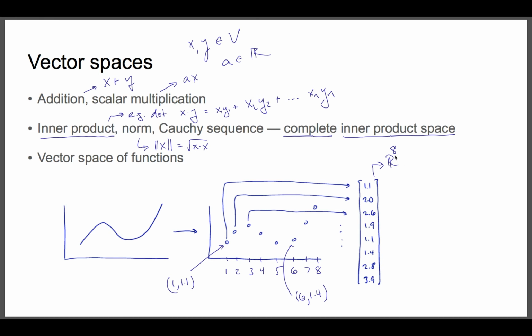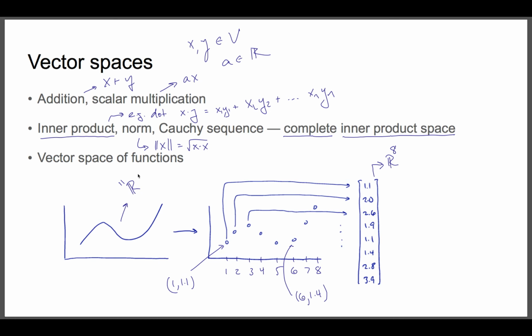If we sample at 8 points, the vector will be in R8, and that vector is a finite dimensional representation of the function. And you can think of the function as being like the infinite dimensional version of this 8-dimensional vector, right? If we sampled this function arbitrarily finely, we could sample it at infinitely many distinct points, and we would have a vector that's, I'm going to put it in quotes, sort of in R to the infinity.